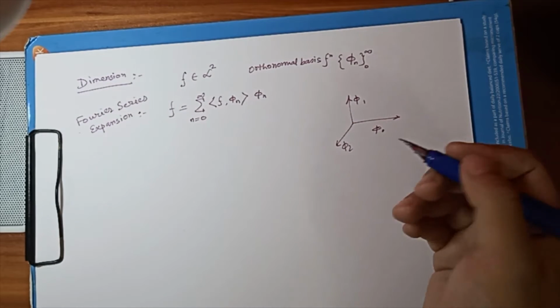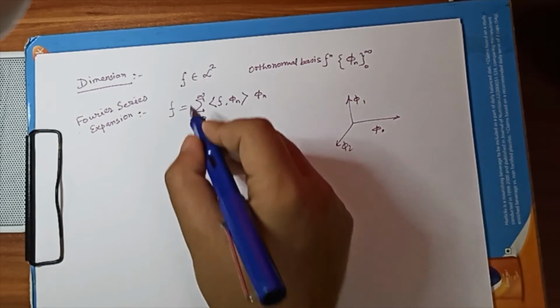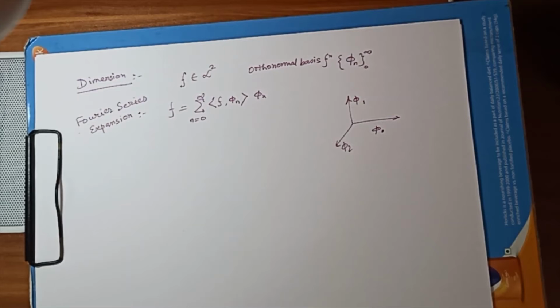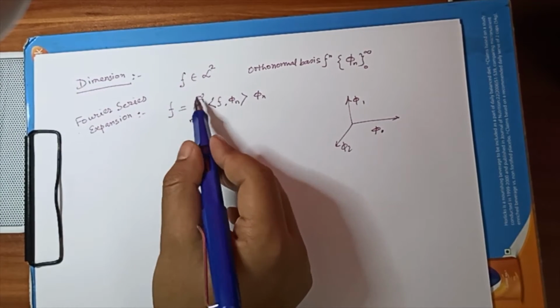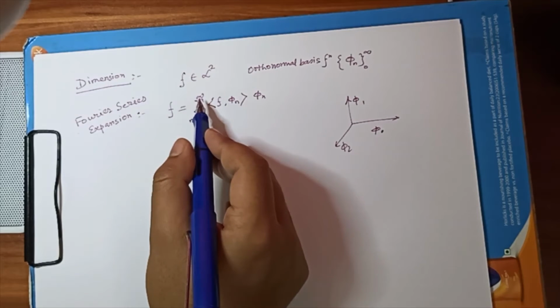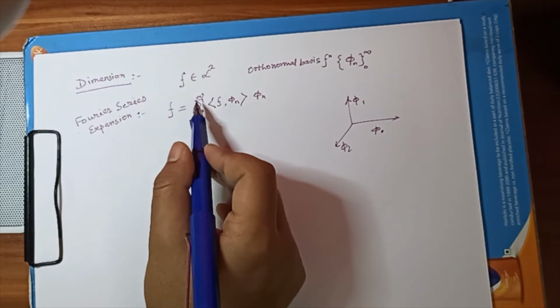If you add another dimension by phi 3, that will be 4 dimensional. So it increases, and as you go to infinity, it will become infinite dimensional. It will become finite dimensional only if I can write f by a Fourier series where n equal to 0 to infinity does not go to infinity, but goes to some finite constant, say capital N.